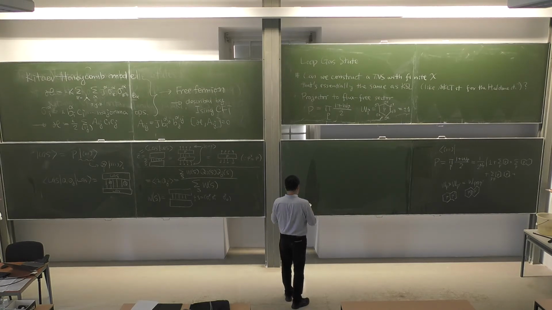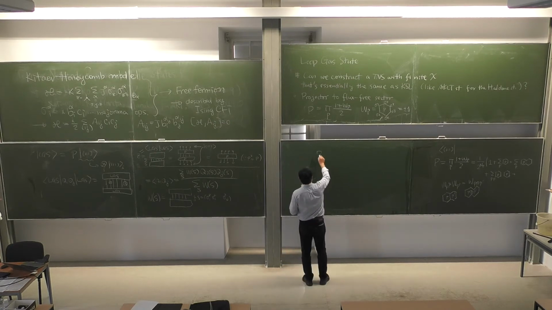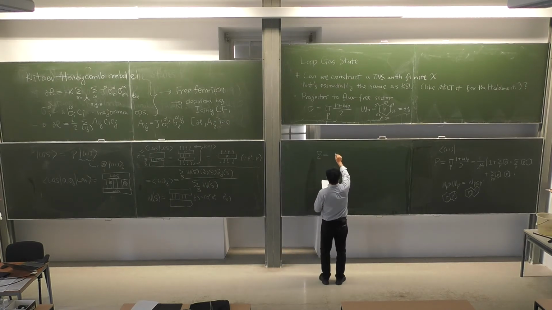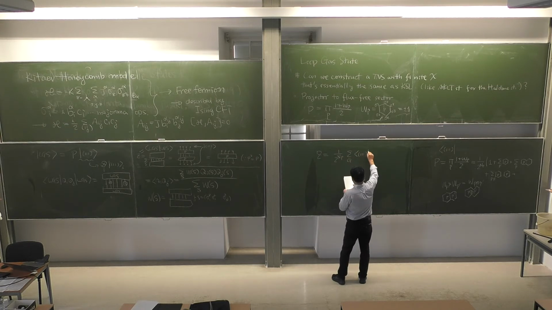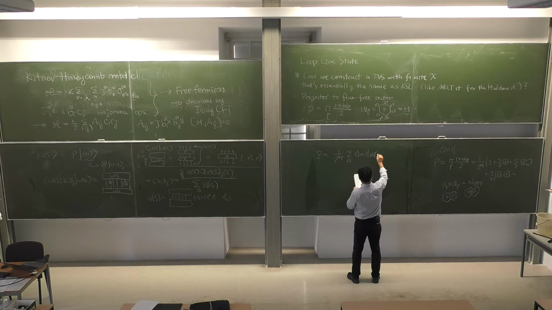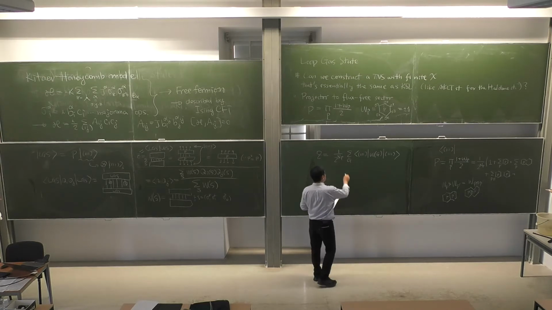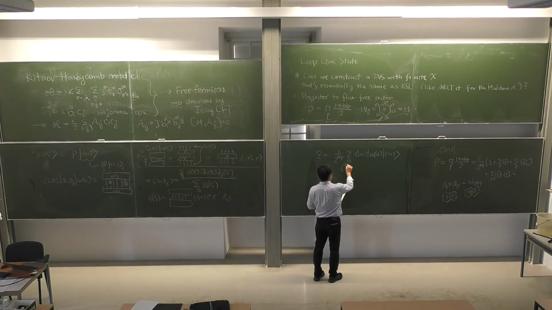Okay, where were we? Okay, so after all, the partition function can be expressed as this. And G here represents the loop gas configuration.